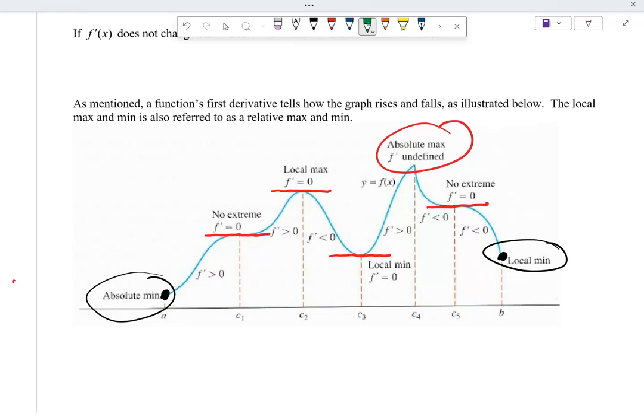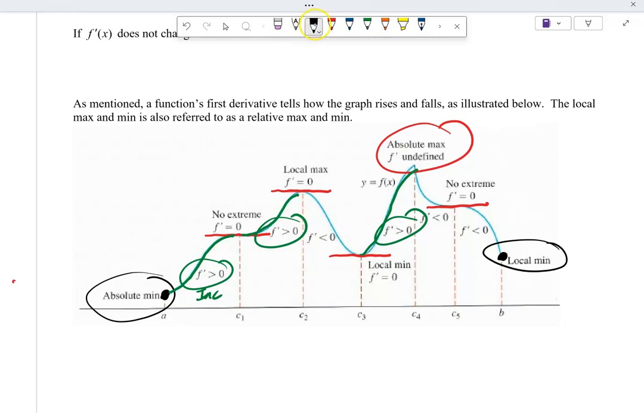Between A and C1, I'm going to outline it, see how it's increasing. So the first derivative is positive, so we'd be increasing. Where else is the first derivative positive? Over here. All those slopes of the tangent lines would be increasing. And here's another spot in green where we're increasing. The derivative is positive.